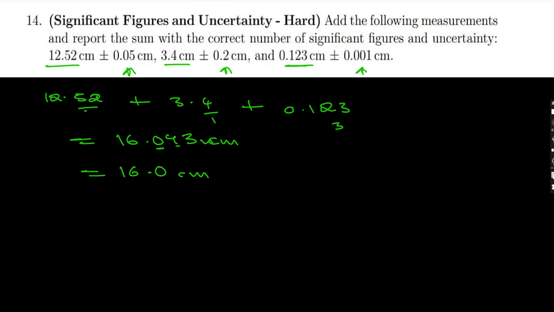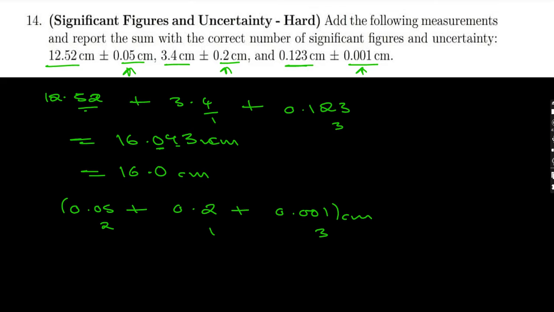Okay, now to add the uncertainties, these values: we have 0.05 plus 0.2 plus 0.001. Here we are all in centimeters. Adding these, we also consider how many decimal places each has. We have 2, here we have 1, here we have 3.